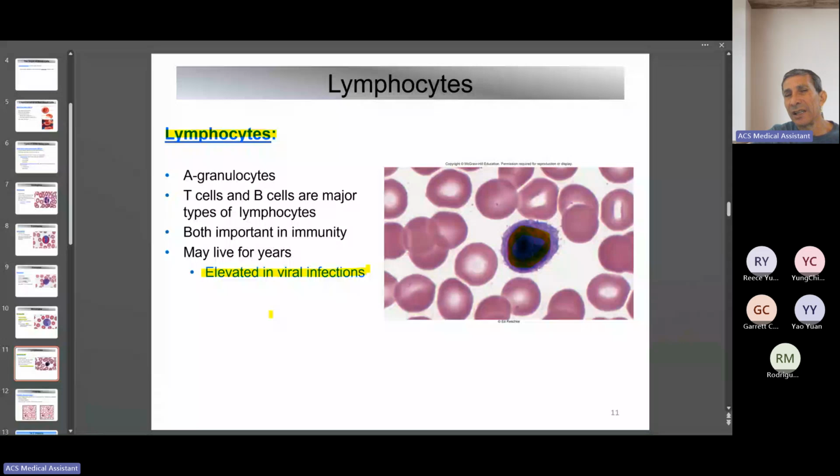Some of these types of cells, really, really important cells, are the T cells and the B cells. These are produced in different parts of the body. B cells in the bone marrow, T cells in the thymus, this gland that is located right here between the lungs.